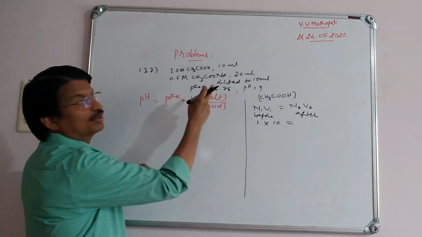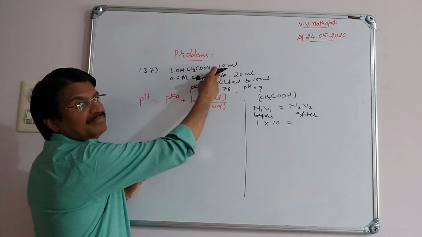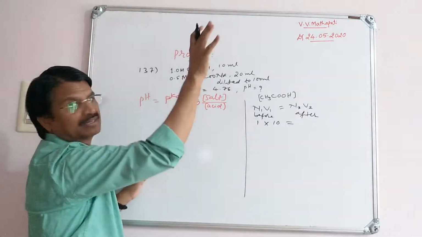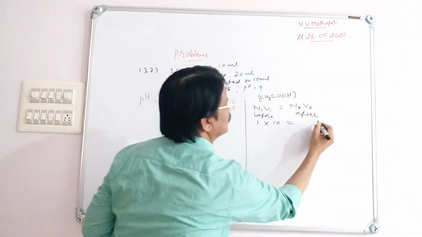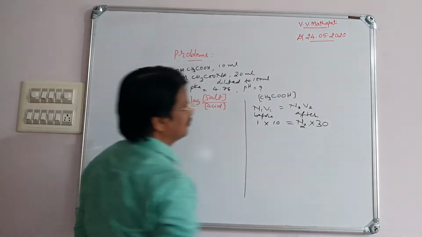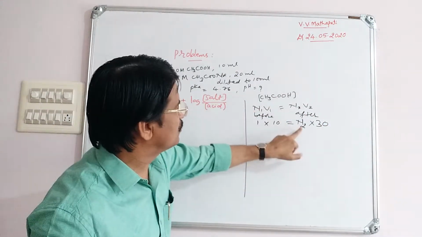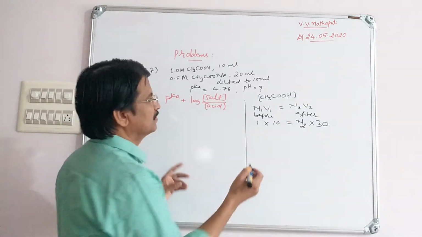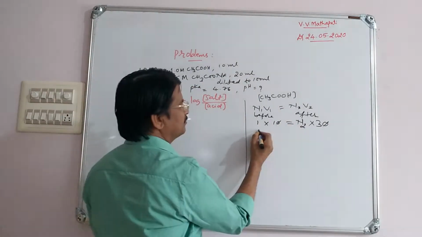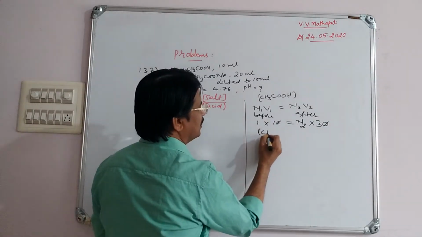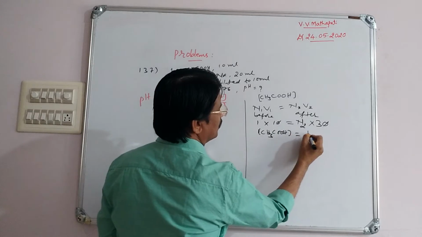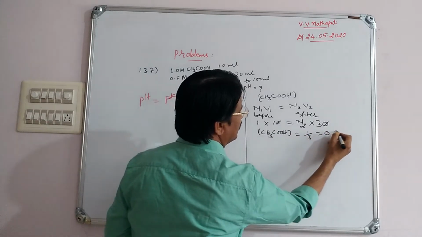After mixing the total volume, see here, 10 ml acetic acid and 20 ml sodium acetate are mixed in the beaker, and the total volume is 30. Therefore we get the concentration of acetic acid after mixing, the zeros cancel. N2 equal to 1 by 3, so the concentration of acetic acid is 1 by 3 or 0.33.